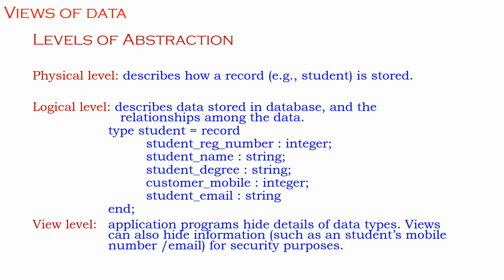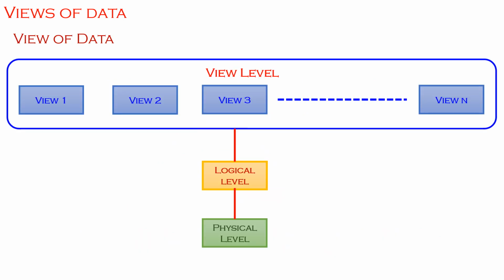So some sensitive data can be hidden. All these are the various levels of abstraction, and based on this we have the various views of data. We have one physical level, a logical level, and you can see n number of views are available in the view level. For each type of customer, the roles or the persons playing a role in the database environment, we have different view levels.